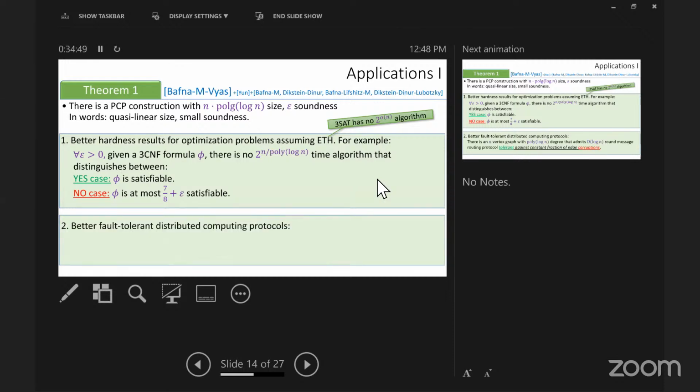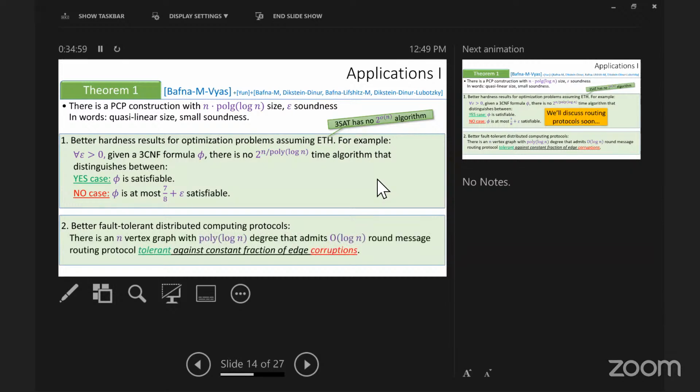And the second result, which I'm not actually going to tell you what it is, I'm just going to write some words to give you a feeling for it. It's not really a consequence of the theorem, but rather of the techniques. We show that you can generate a graph that has polylogarithmic degree and has very efficient routing protocols that are tolerant against edge corruptions.